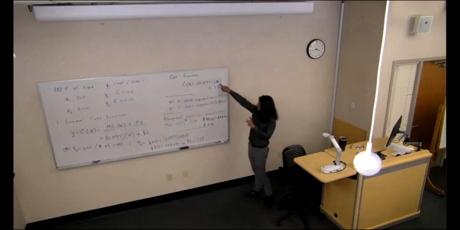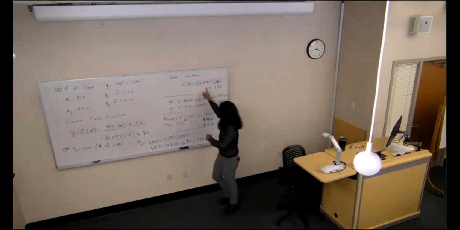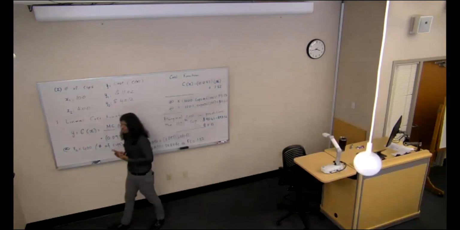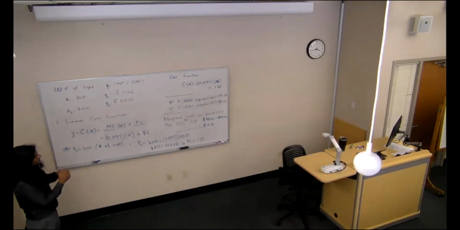Okay, so a single unit change will increase the value of cost by exactly that amount. Yes, so if you go from 1,000 to 1,001, you will increase the value by 0.097.